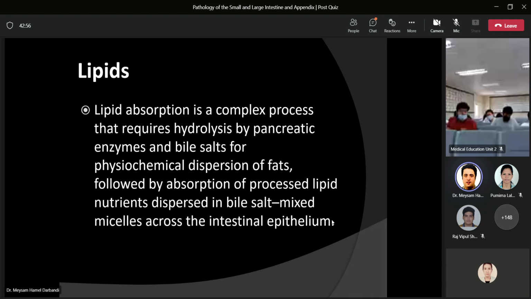The absorption of lipid, right, has a lot of processes. Starting from lipase, we get help from pancreatic lipase. So pancreatic lipase will break down this exogenous fat, which is triacylglycerol. So it will break down to what?